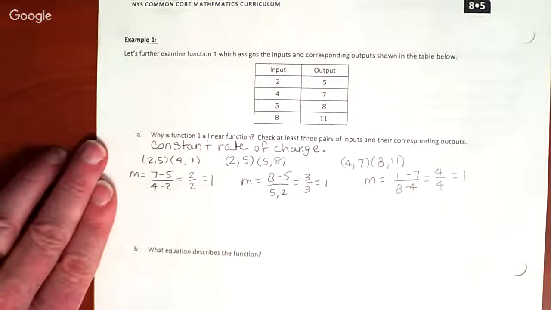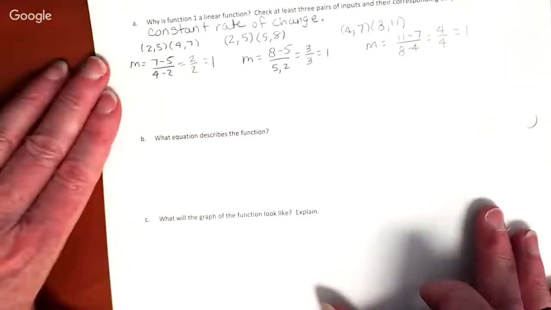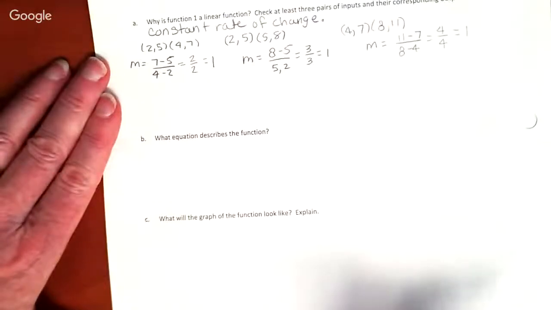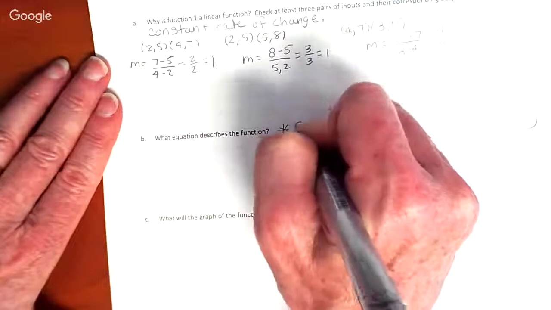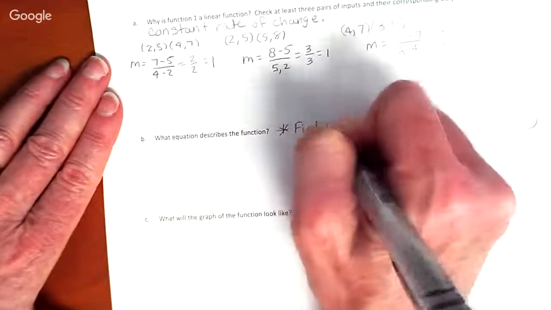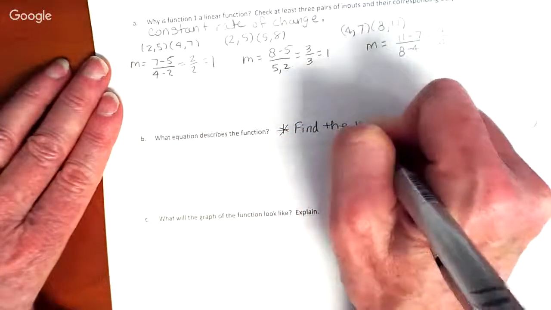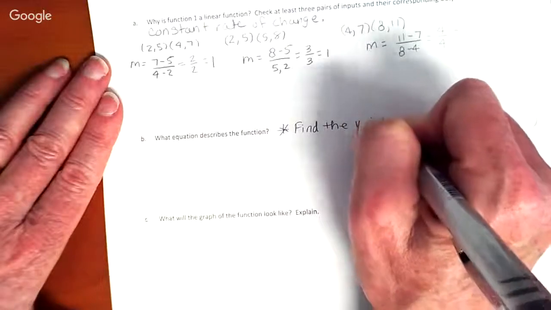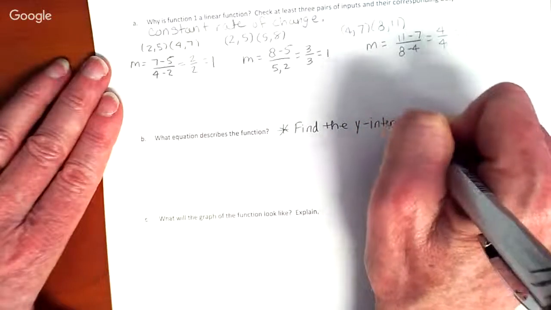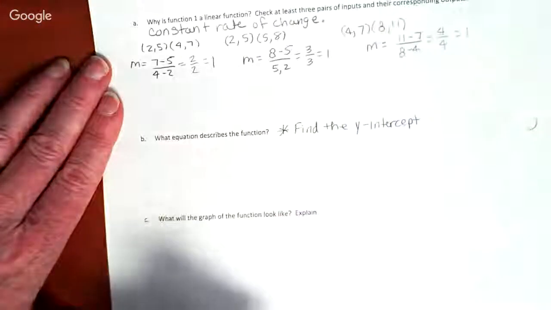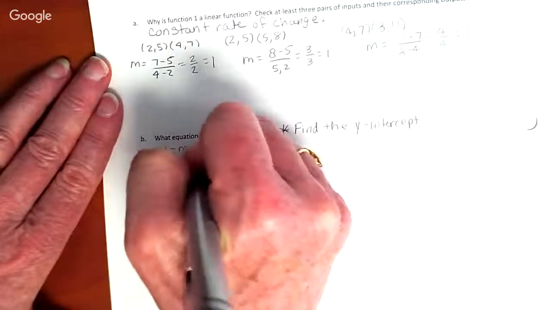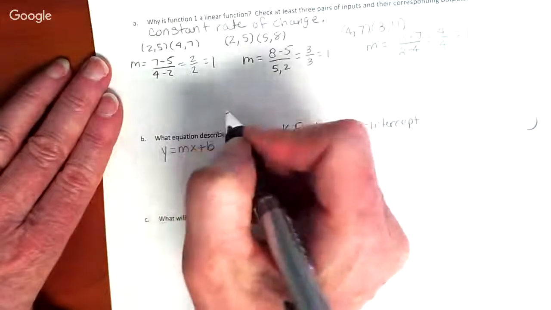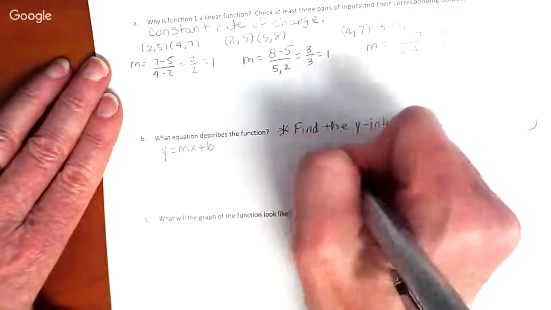Okay? So now it says what equation describes the function. In other words, we need to find the y-intercept. So here we have y equals mx plus b. And we can use one of the points.